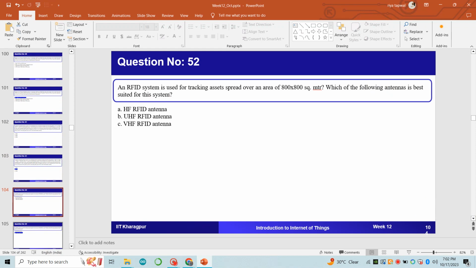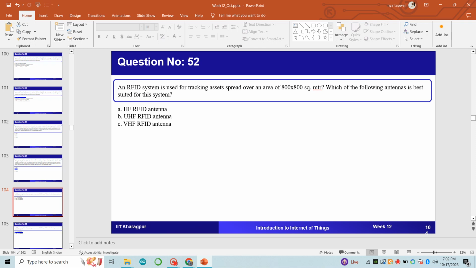An RFID system is used for tracking assets spread over an area of 800 by 800 square meters. Which of the following antennas is best suited for this system? Options are HF RFID antenna, UHF RFID antenna, VHF RFID antenna.